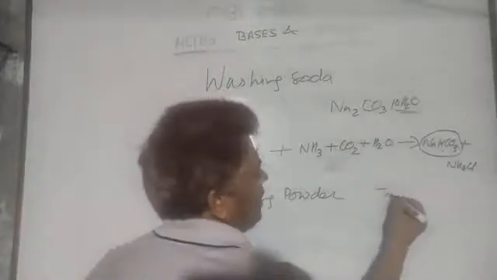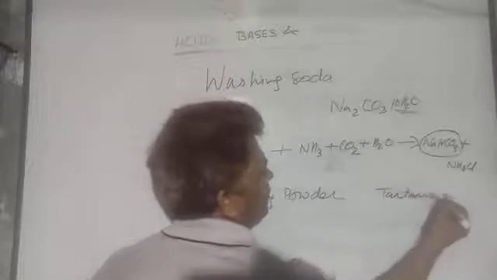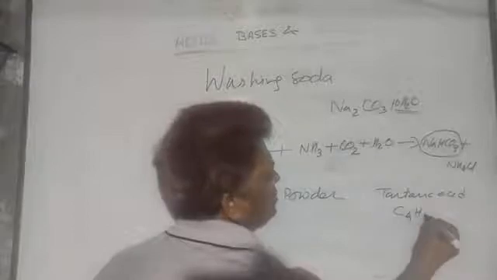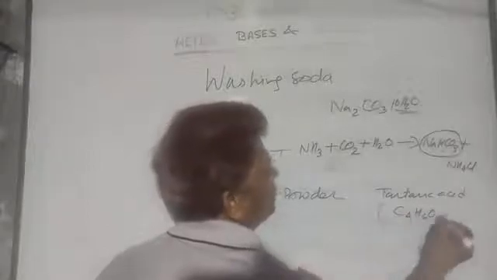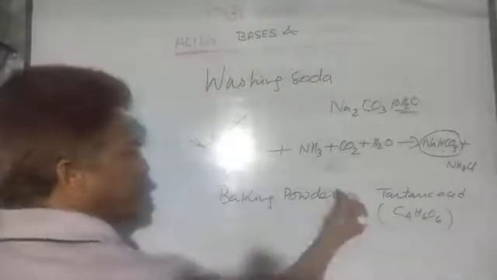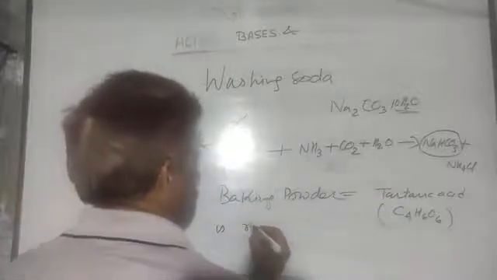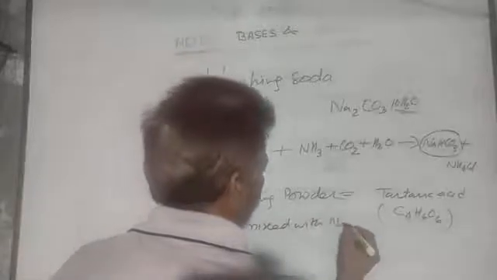When tartaric acid, the formula you can write C4H6O6, tartaric acid is mixed with baking soda, sodium bicarbonate, that is called baking powder.